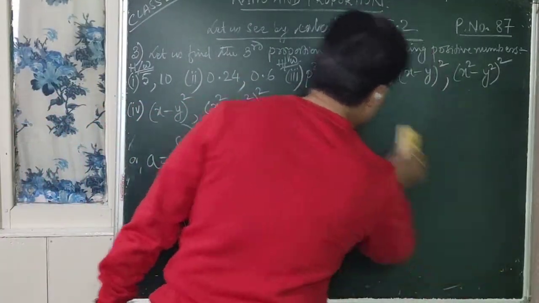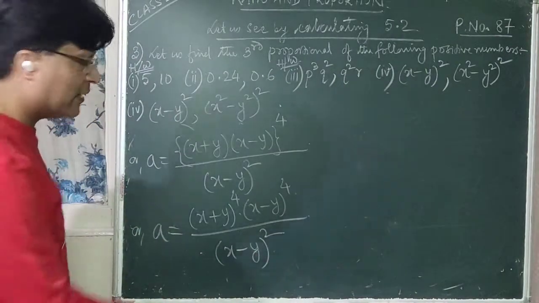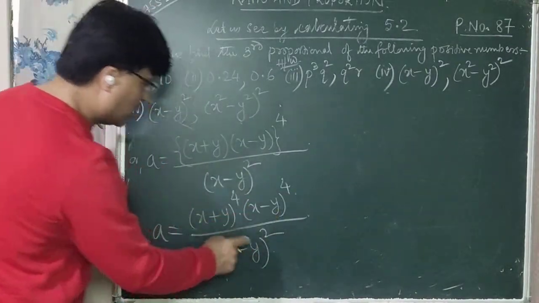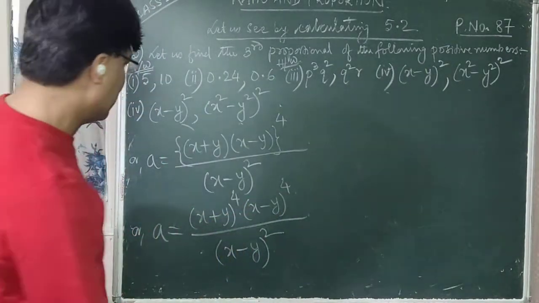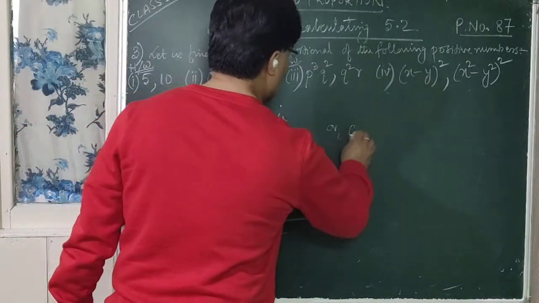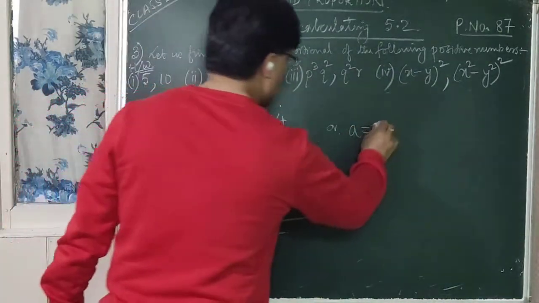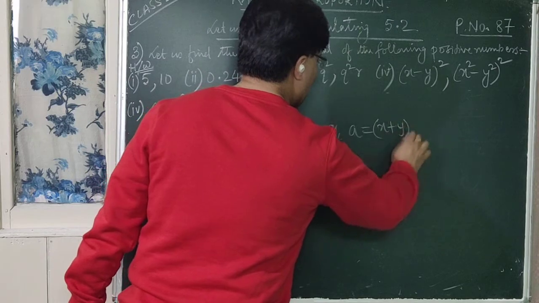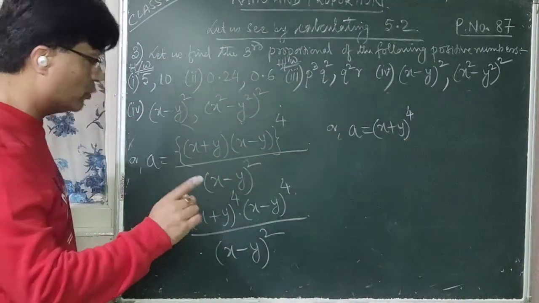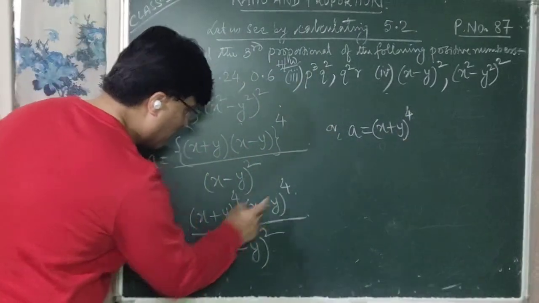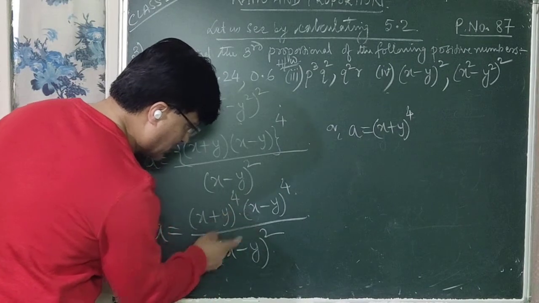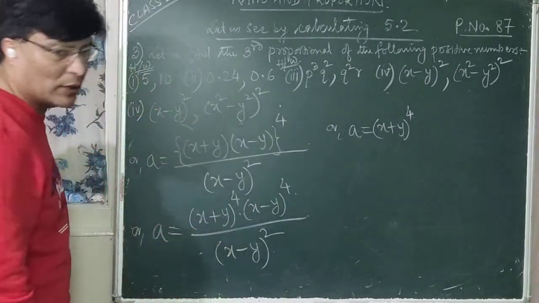Next, we can simplify (x minus y) whole to the power 4 divided by (x minus y) whole square, right? So A is equal to (x plus y) whole to the power 4 into (x minus y) whole to the power 4 and (x minus y) whole square. These are known as bases. Bases are equal.